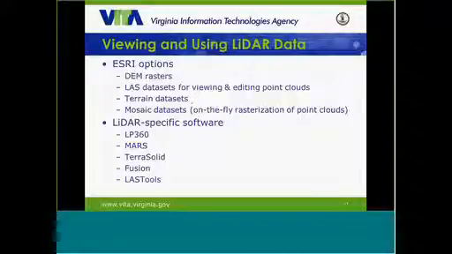You can also process the points and put them into a terrain dataset, which may have some advantages for 3D analysis. You can also bring either the DEM rasters or the LAS datasets into mosaic datasets, which, when you use the LAS datasets, results in an on-the-fly rasterization of the point clouds. It's a very efficient way to quickly look at a lot of LiDAR data.